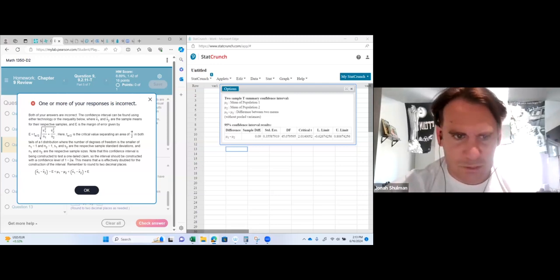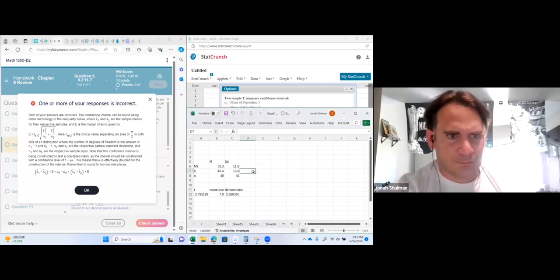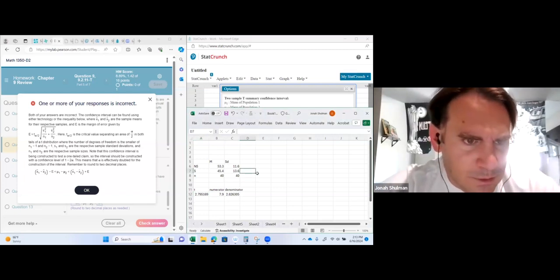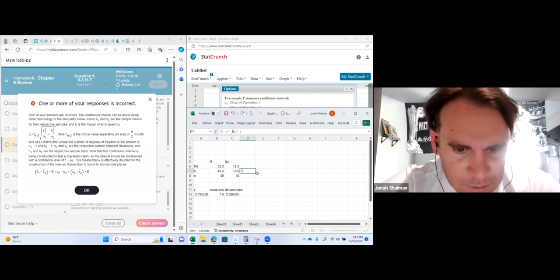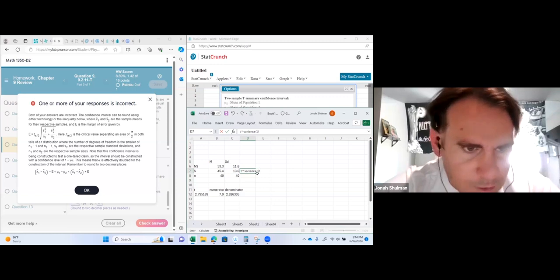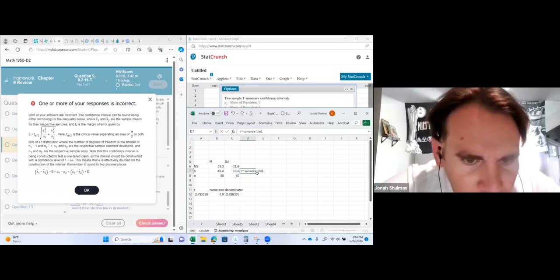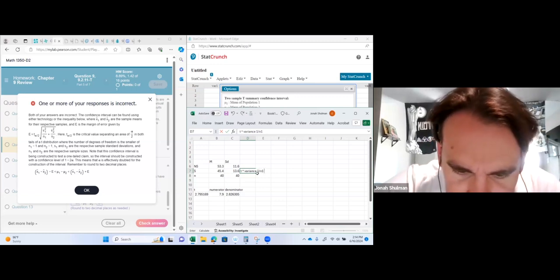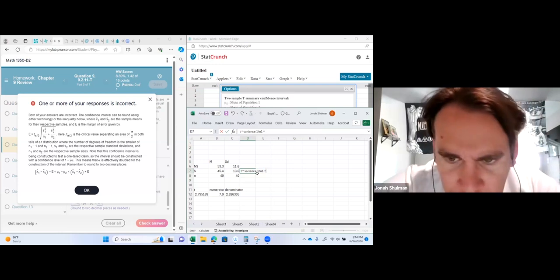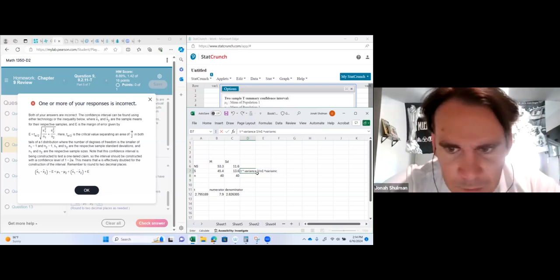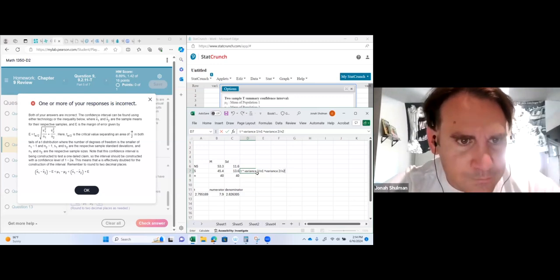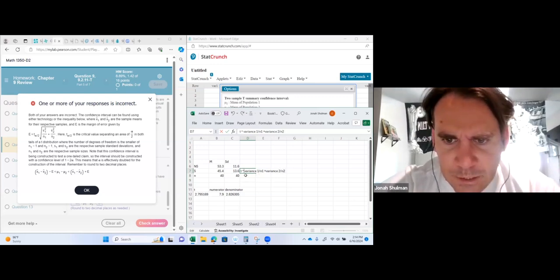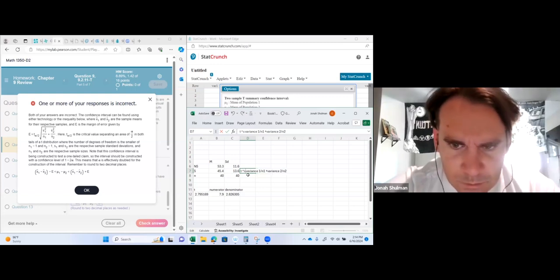So I might as well write up this crazy formula: t times the square root of variance 1 over n1 plus variance 2 over n2.